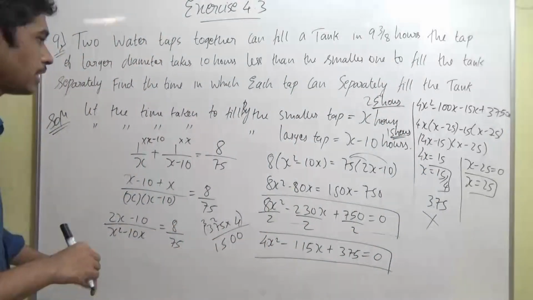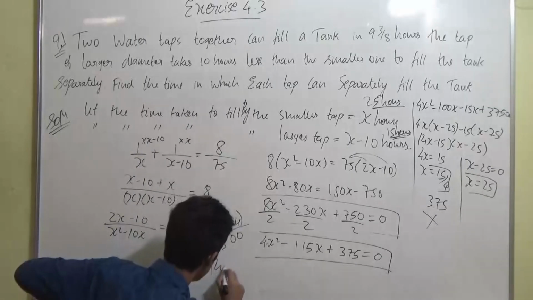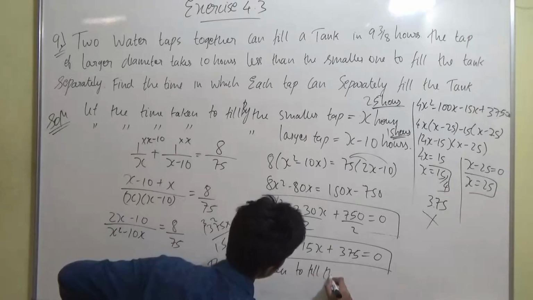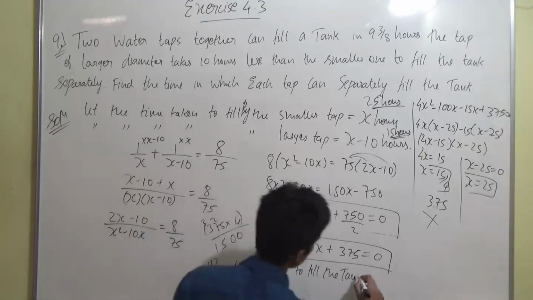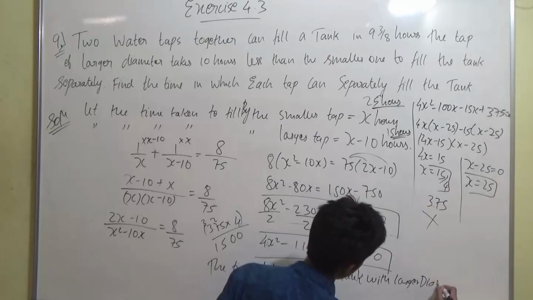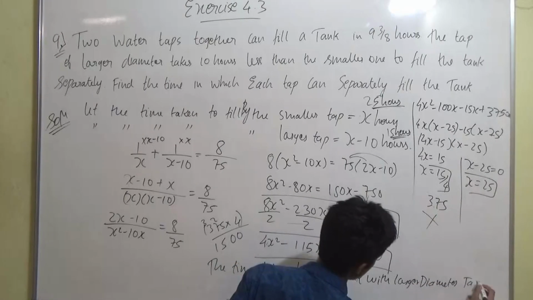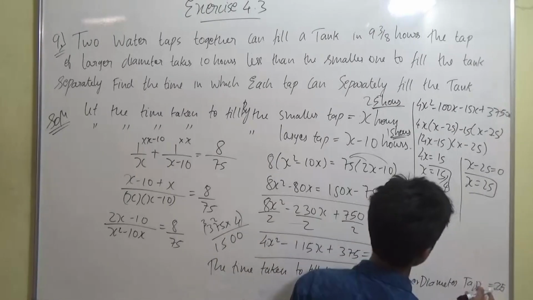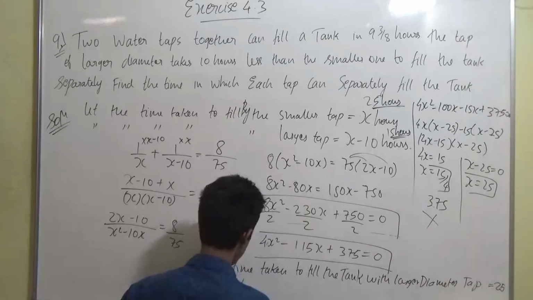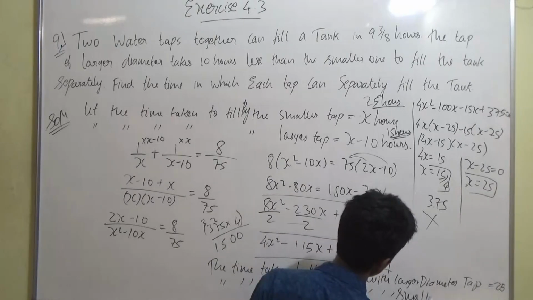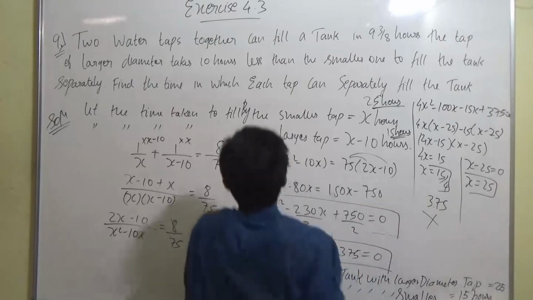At last you can conclude it by saying the time taken to fill the tank with larger diameter tap is 25 hours, and the time taken to fill the tank with smaller diameter is equal to 15 hours. That's it guys, that was your conclusion.